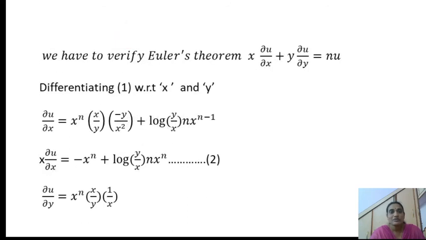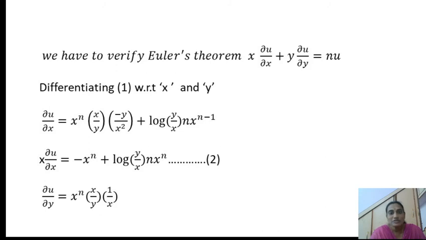Next, we have to verify Euler's theorem for this function, so that x into ∂u/∂x plus y into ∂u/∂y is equal to n into u. Now, differentiate equation 1 with respect to x and y. Then we get ∂u/∂x is equal to x to the power of n into x by y into minus y divided by x square plus log of y by x into n x to the power of n minus 1.